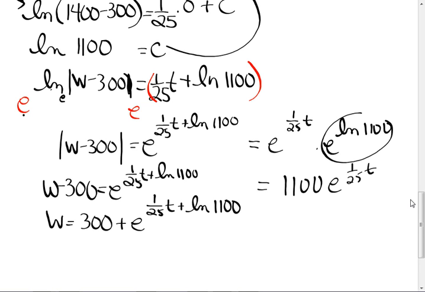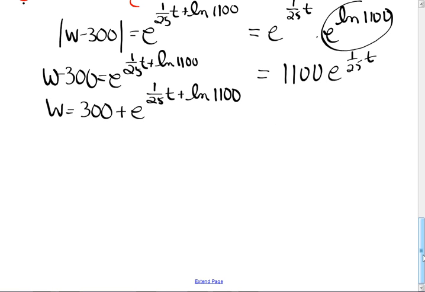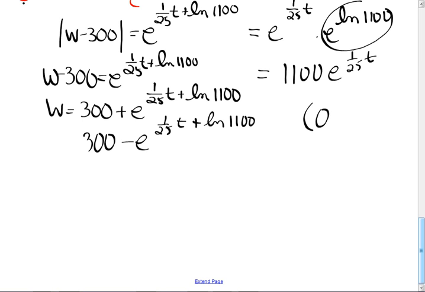Technically there are two options: you get this one, or you get 300 minus e to the 1/25th t plus the log of 1100, and then you check the initial conditions, 0, 1400. You check to see which equation is going to work.